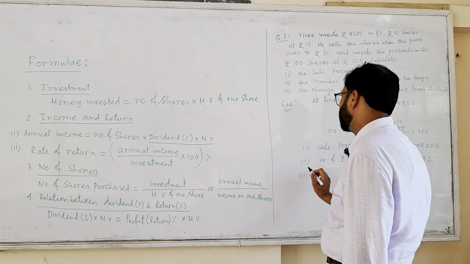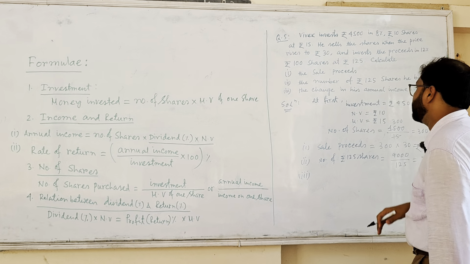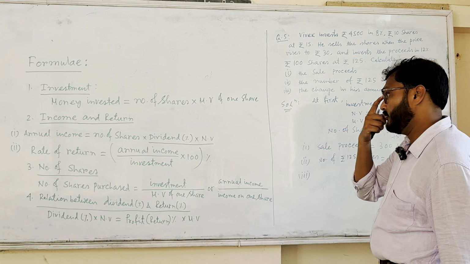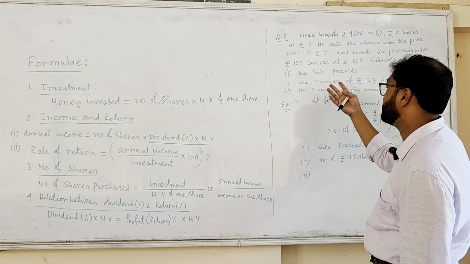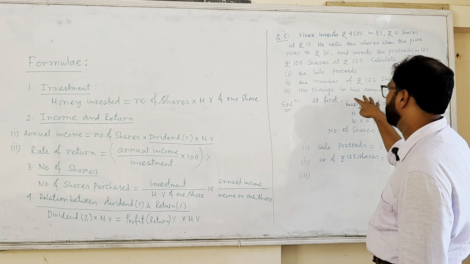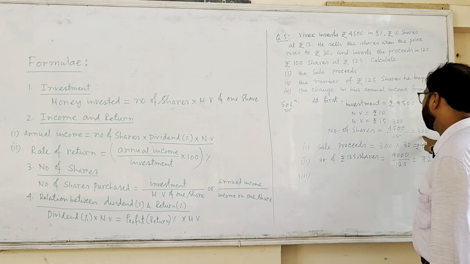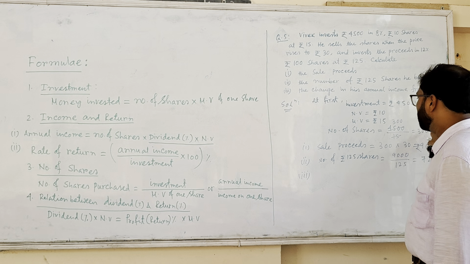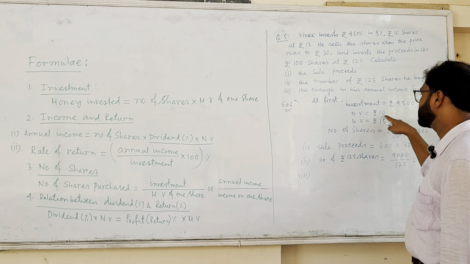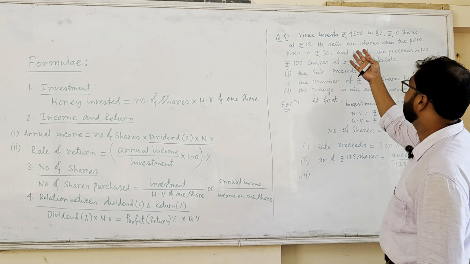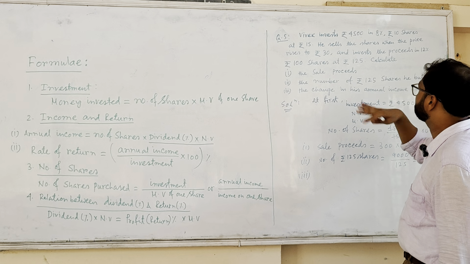And the last one, the change in his annual income from dividend. So what was his first income? At first he bought 300 shares whose nominal value was 10 rupees and dividend percentage is 8%.